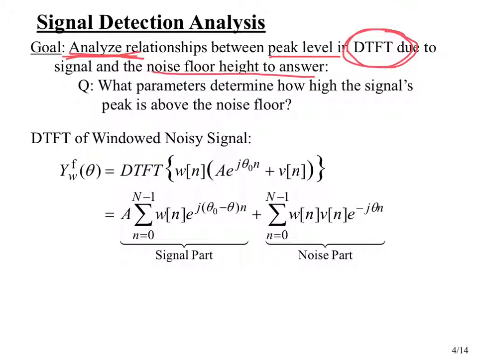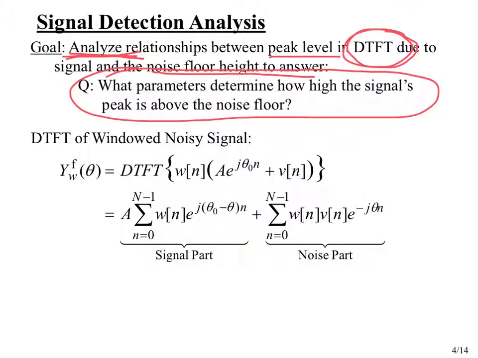We can just do everything in terms of the DTFT, and at the end say, well, okay, I've done enough zero padding so that my plot is actually pretty close to this DTFT and everything works just fine. So what are the parameters that determine how high I can pull the signal peak up above this noise floor? That's kind of the key question that we want to answer. And so let's look at that.